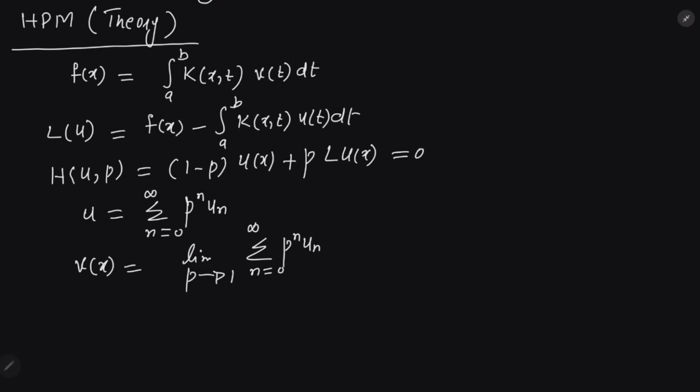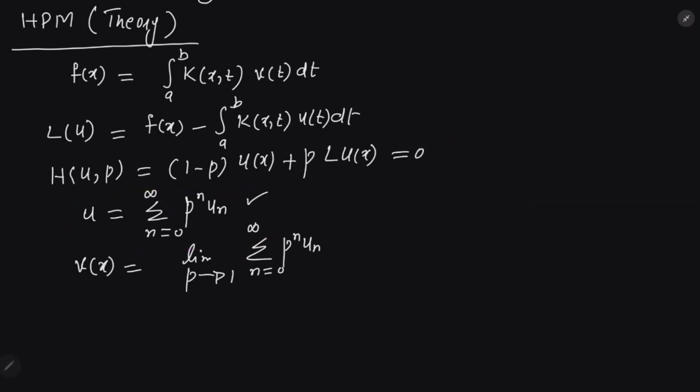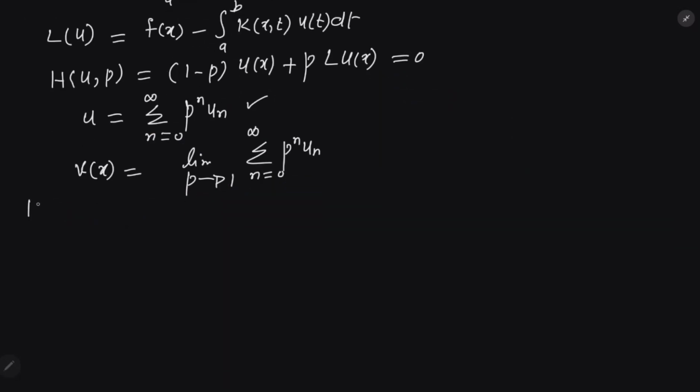This is the final solution. This is the solution that we obtain from the homotopy perturbation method. When p approaches 1, we get the solution for the integral equation. So what I do, I put this equation into the homotopy equation. So how we do it? H(u,p), first I multiply these terms.